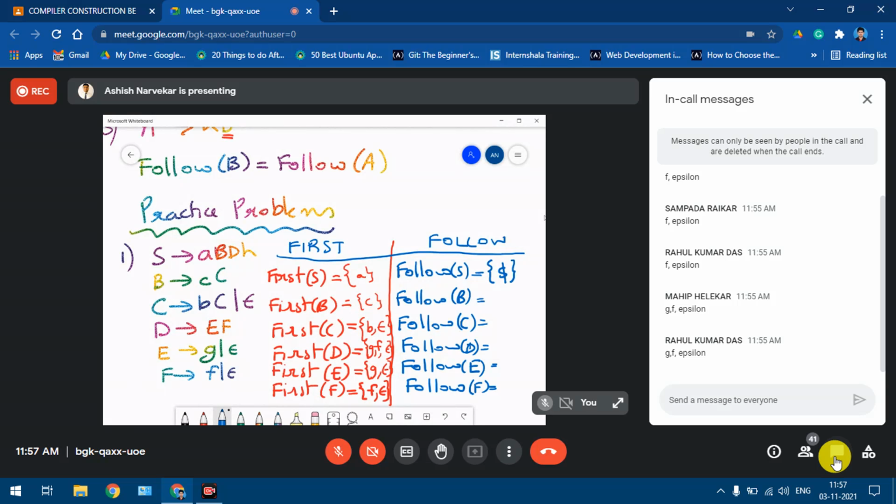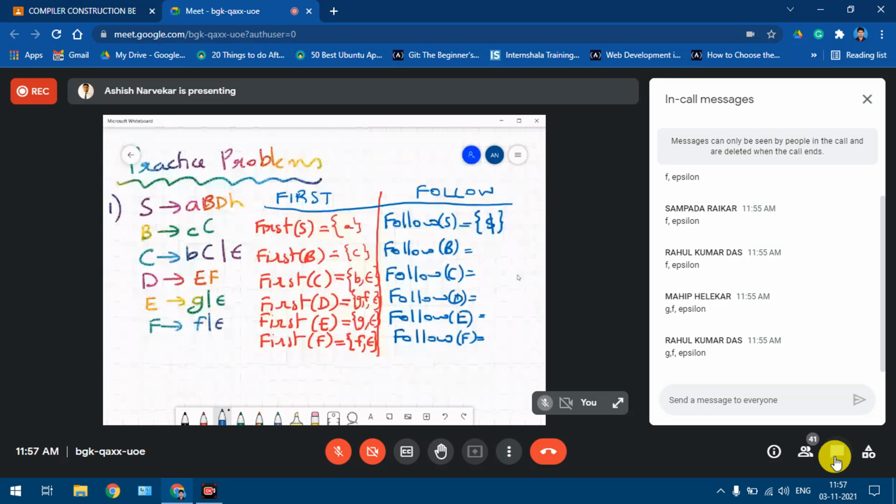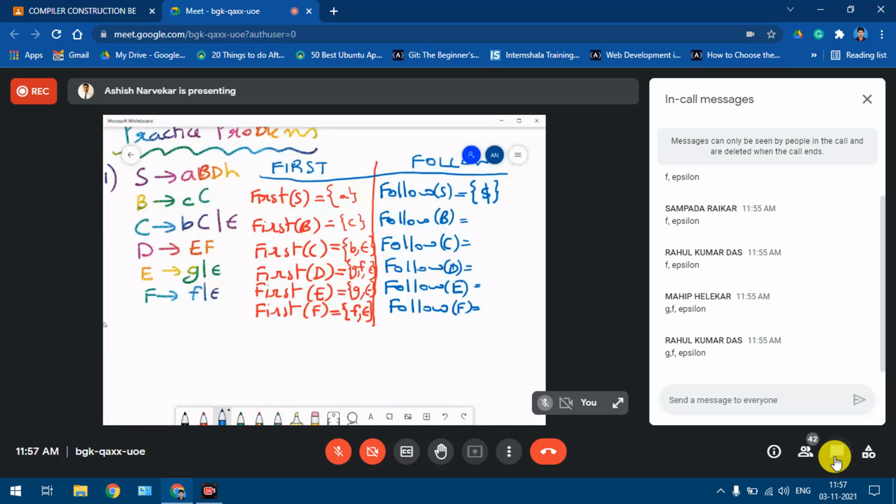Now follow of B. We are computing the follow of B in this particular case. What we need to do is apply the rule A derives... Okay. Before applying the rule, let's first figure out where all B is appearing. So S derives A, B, D, H, and I think that is all.